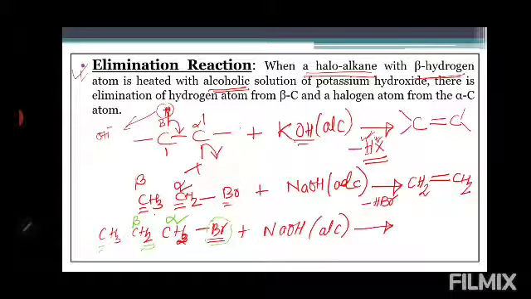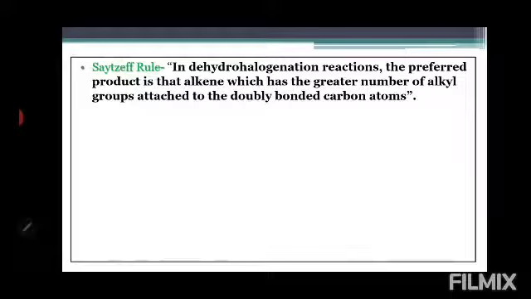From beta, hydrogen is removed, so CH, then a double bond between alpha and beta, CH2. Minus HBr, we again get an alkene.